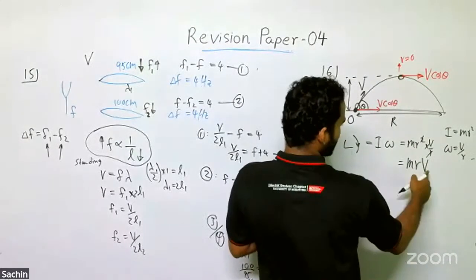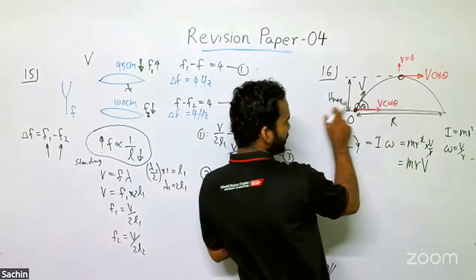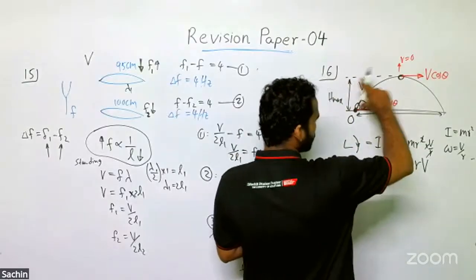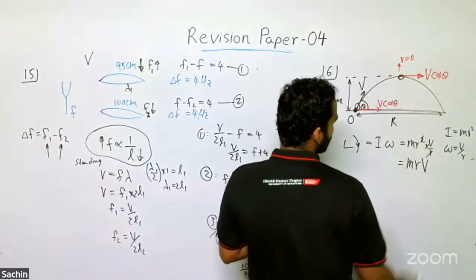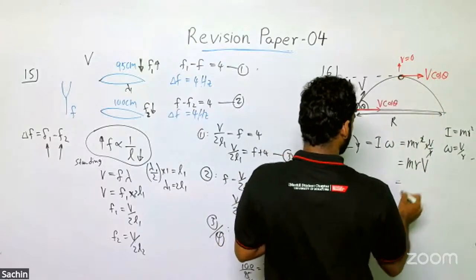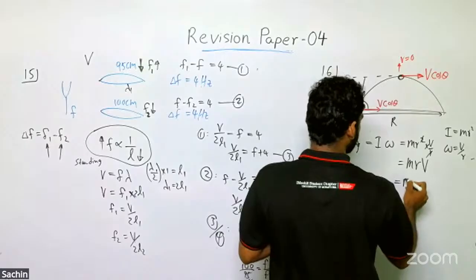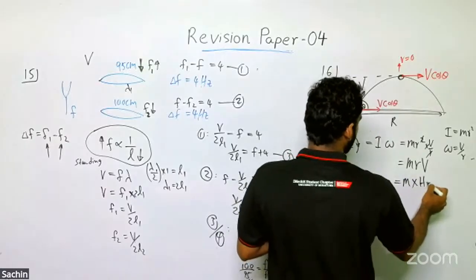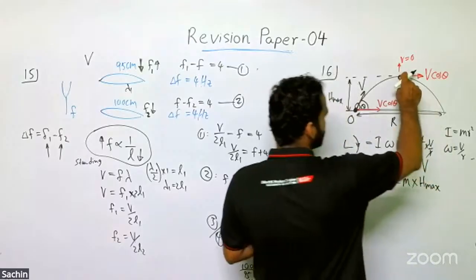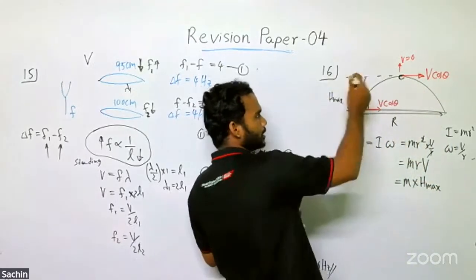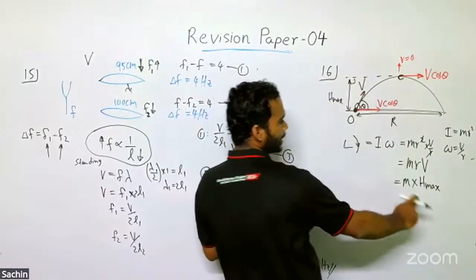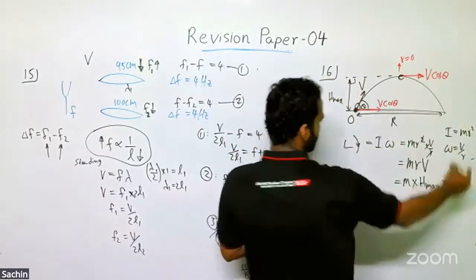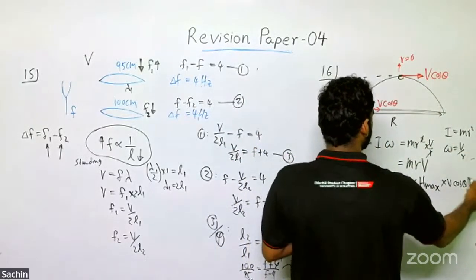So here m is the mass, r means the radius, that is the maximum height here, the radius to the object, and v is the velocity. When this object is at this point, the radius you can assume is the perpendicular distance, that is the maximum height, and the velocity is v cos theta, basically.